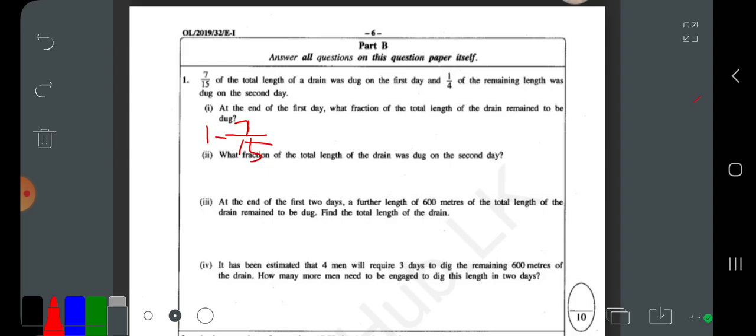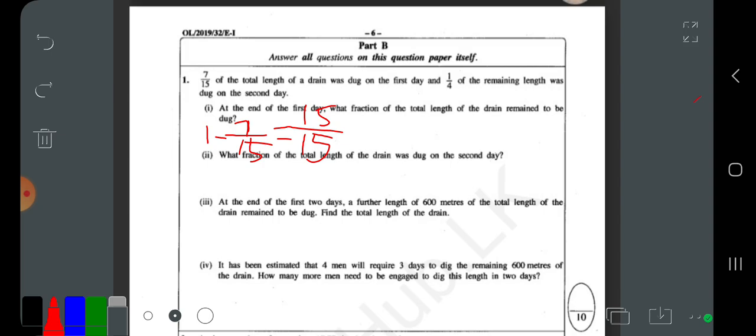Okay, right? So 15/15, this is what we call whole. If you get 1/4, for example, you should subtract from 1, the whole will be denominator 4, numerator 4.